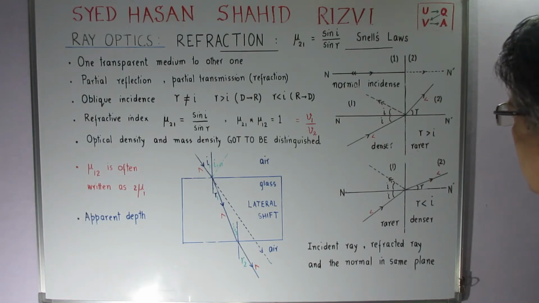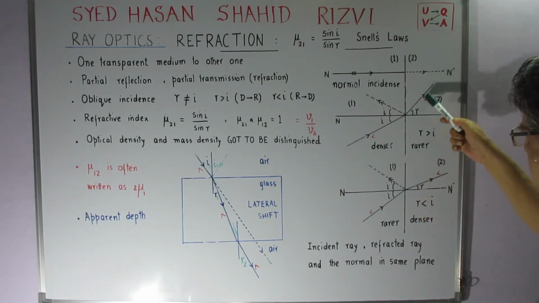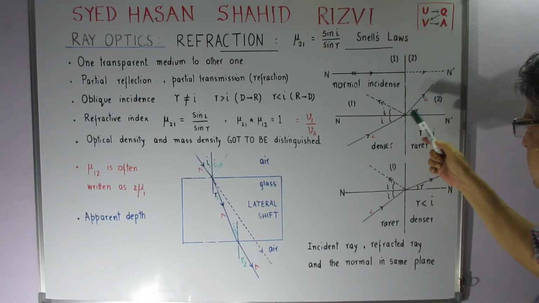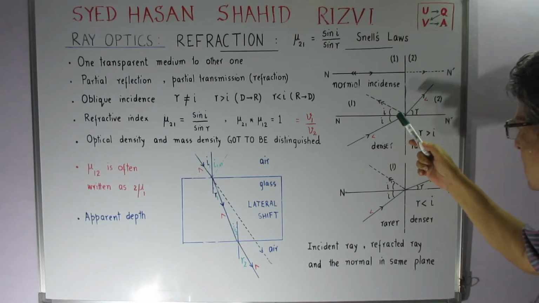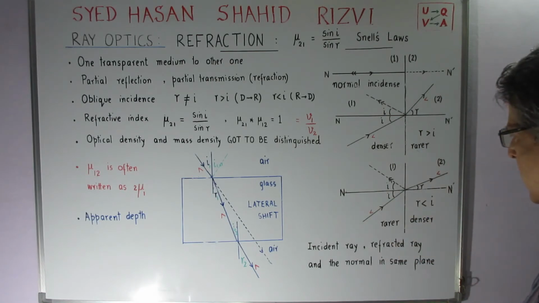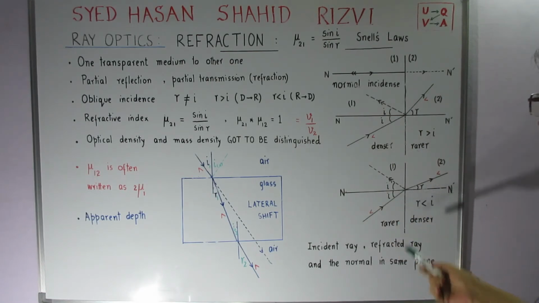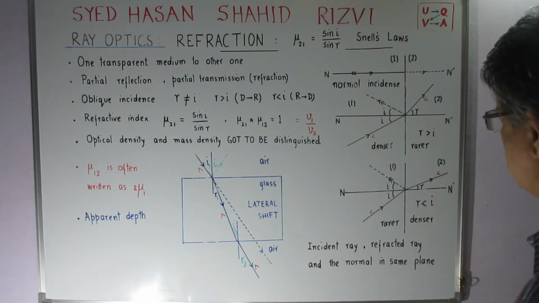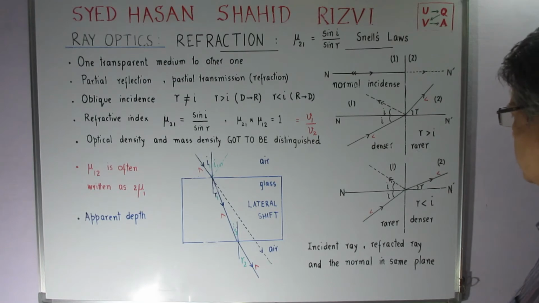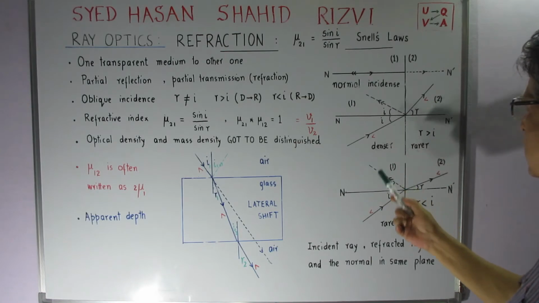Now one thing at the beginning I must tell you. If the ray of light were coming like this, when the angle of incidence becomes equal to i over here and the angle of refraction r over here, in that case this will go like this. And similarly in the other case, where the entry is from rarer to denser medium, the ray of light is bending towards the normal, and r is less than i.